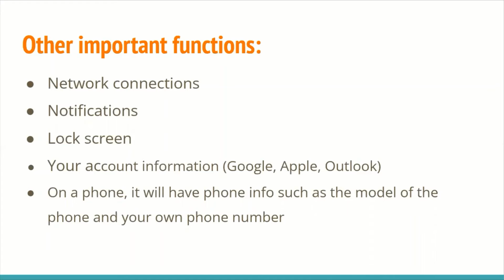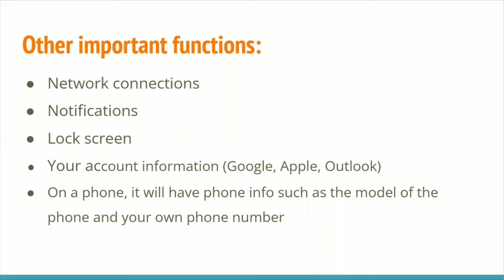Another way to do that is, in a minute, we're going to talk about how to look at your apps and settings. If you have a lock screen on your phone, or if you'd like to have one, that is when you turn on your phone, you have to put in a code or swipe a pattern so it'll let you in. You can make adjustments to that in your settings.